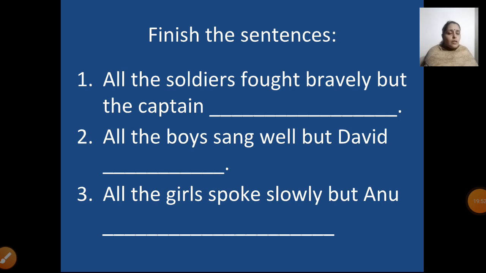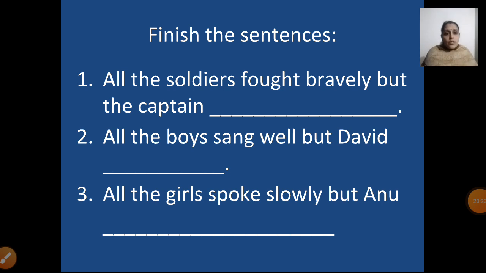Now look at the sentences. All the soldiers. That means we are comparing more than two soldiers. The second one, all the boys. That means again more than two. And the third one, all girls. That means again more than two. So we are going to write the superlative form of the adjective, right?